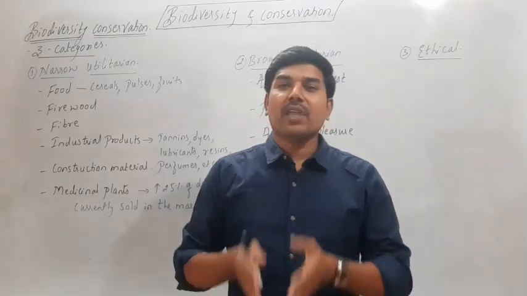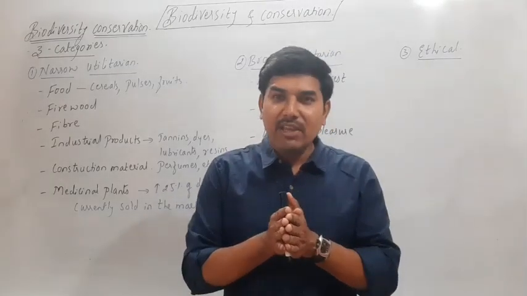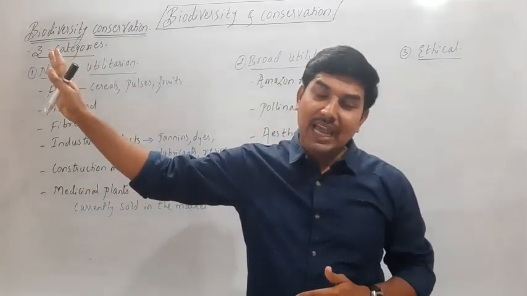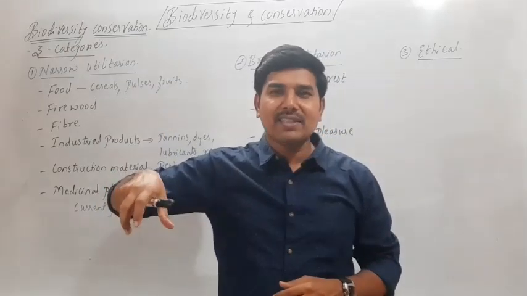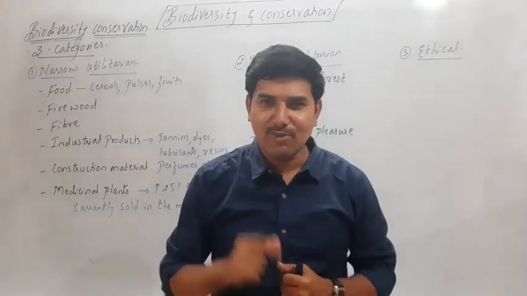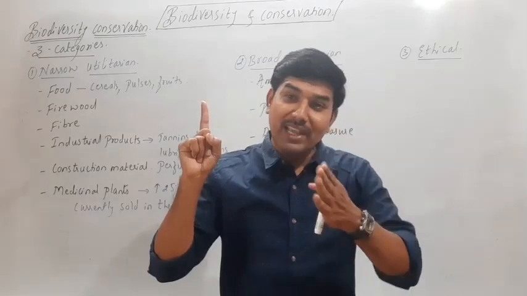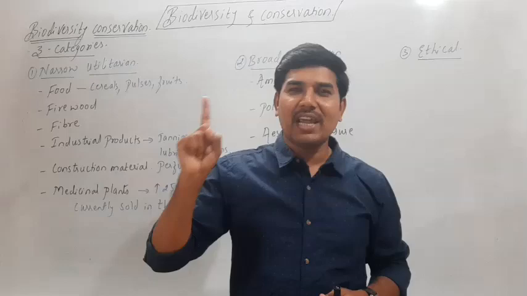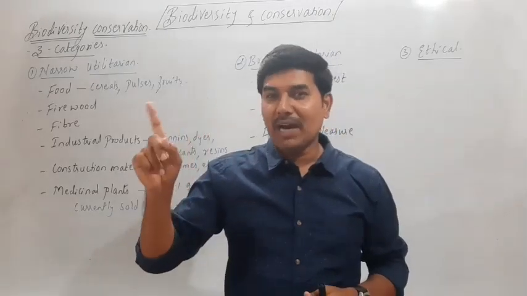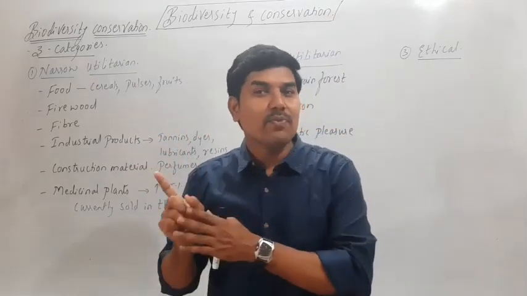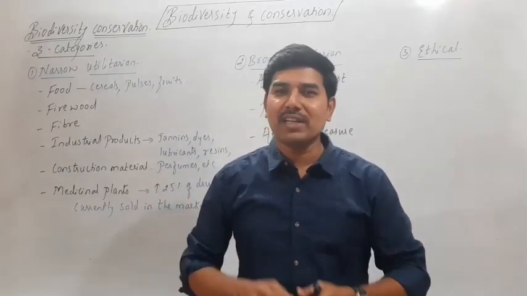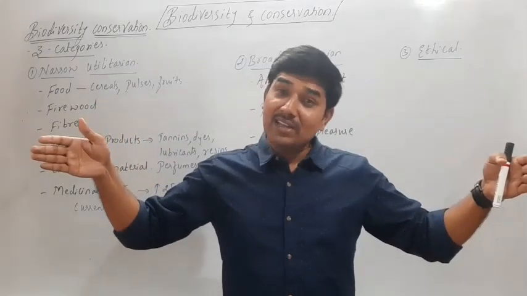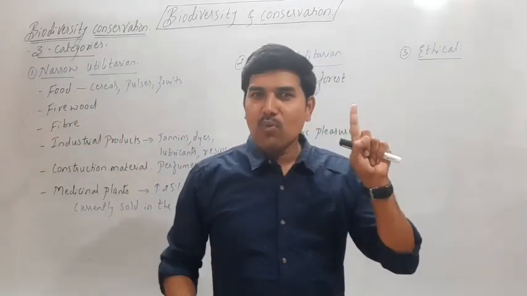As a result, this sugarcane is planted in large quantity, suppose thousands of hectares of land. If a sugarcane plant is there, what is the species richness then? Only one. Though we have millions of plants, species richness is one, because this sugarcane belongs to Saccharum barberi, or it may belong to Saccharum officinarum, which is a South Indian sugarcane. So, though we plant them on a large scale, we are conserving only one species.